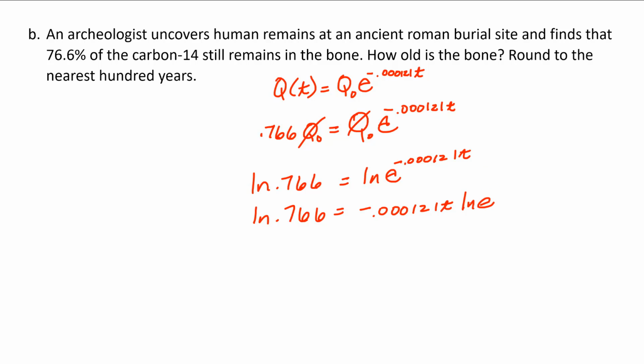And we know that the natural log of e is 1, and if you multiply something by 1, it doesn't change it. We're going to divide both sides by negative 0.000121. So natural log of 0.766 over negative 0.000121 is going to be the time. We get about 2,200 years.